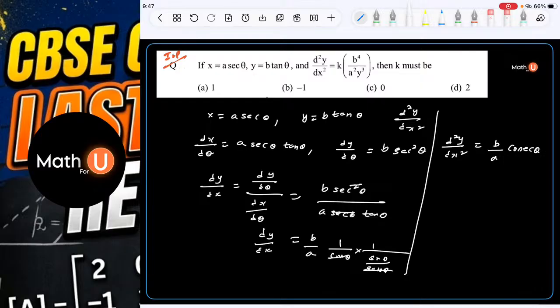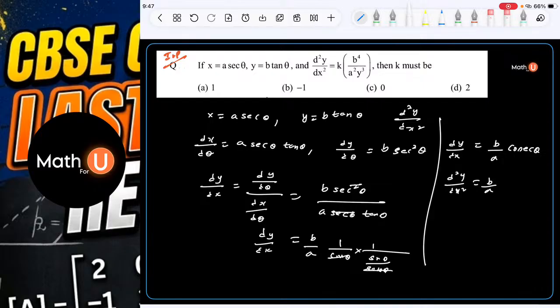This is dy by dx. Now differentiate to get d square y by dx square. Okay, b by a, differentiation of cosecant theta.